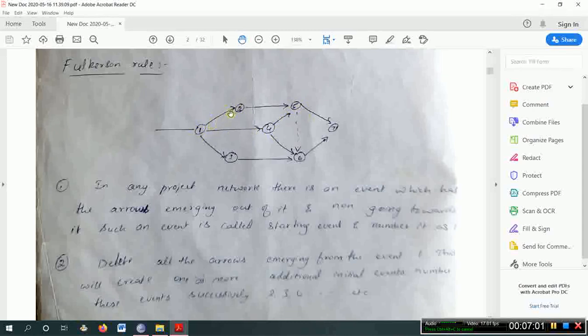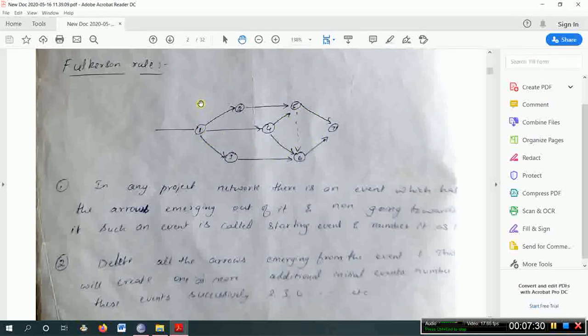There is a work here that has to be done; this is the start of that work and this is the end of that work. After completing this work, the next work has to be started. For the next work, this will be the starting point of the second work, and this will be the ending of that work. Like that, I need to number these nodes.